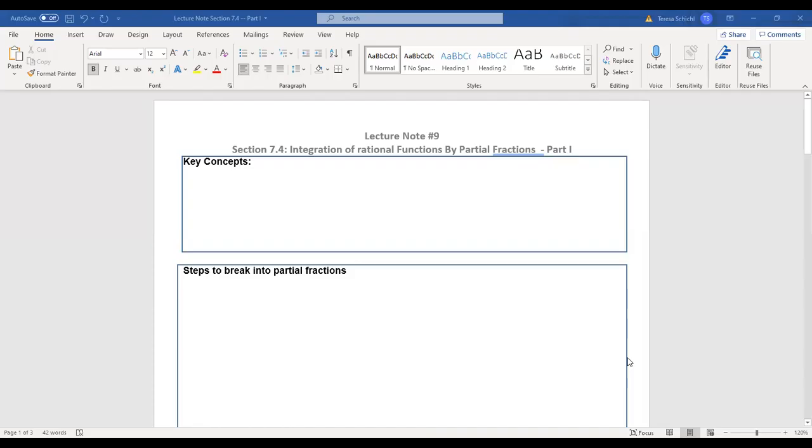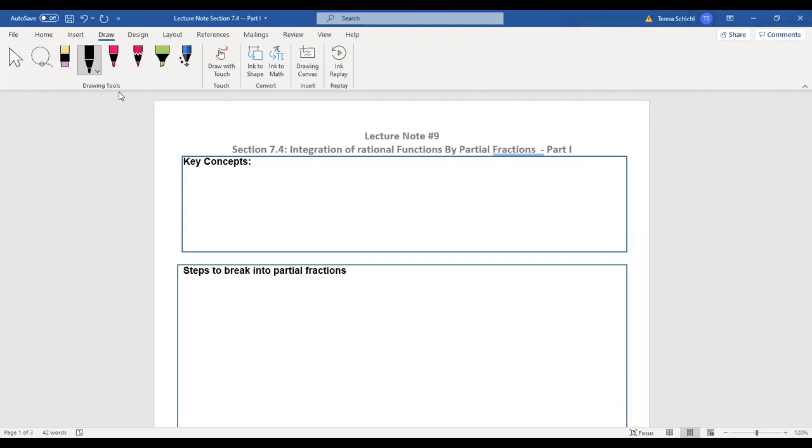Okay, so for the key concepts for this lecture, we're going to cover 3 things. The first thing is we want to evaluate the integrals.